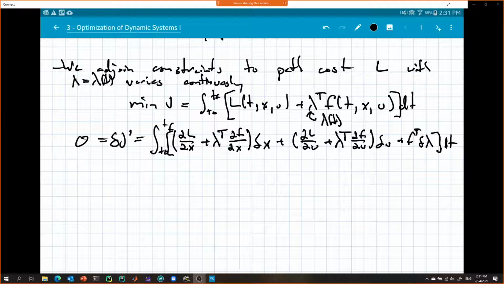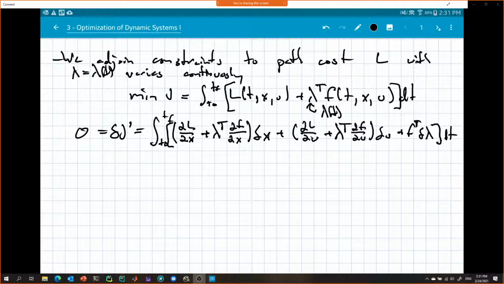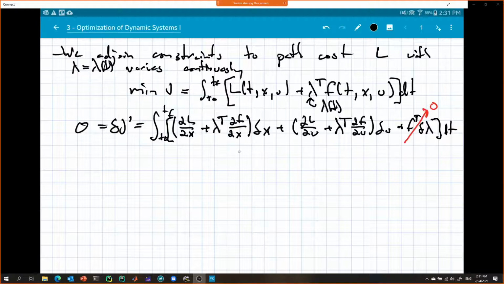So we adjoin the constraints to the path cost L with lambda equal to lambda of t, which varies continuously. At the optimal, based on our constraints, f is equal to 0, so this whole thing is equal to 0. So we have these two expressions.